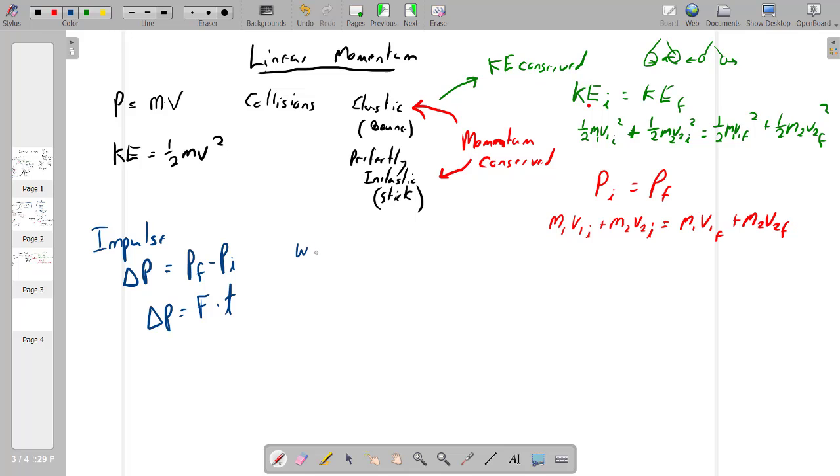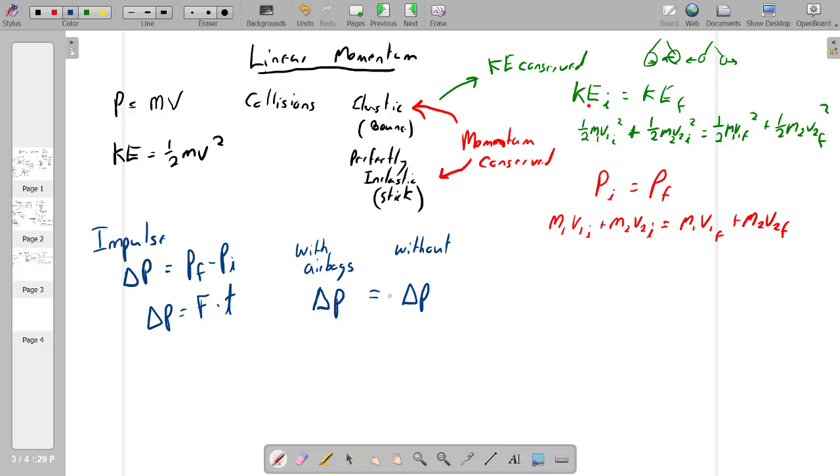Let's say you have a crash with airbags and a crash without airbags. Well, in both cases, your change of momentum is equal.